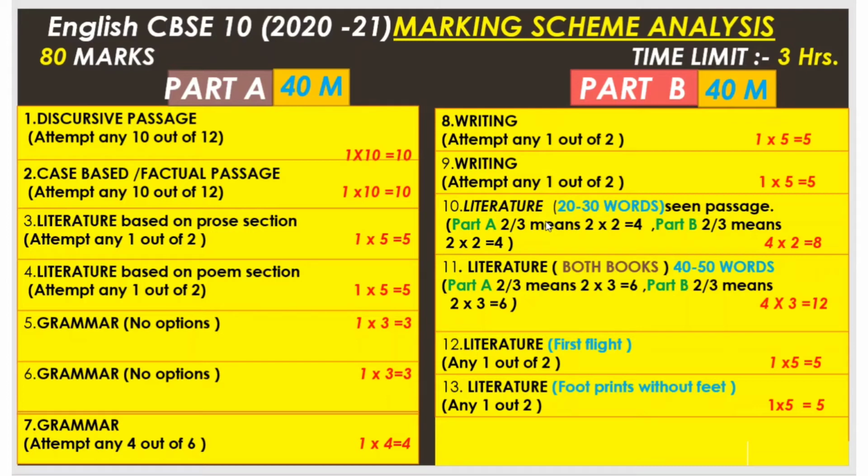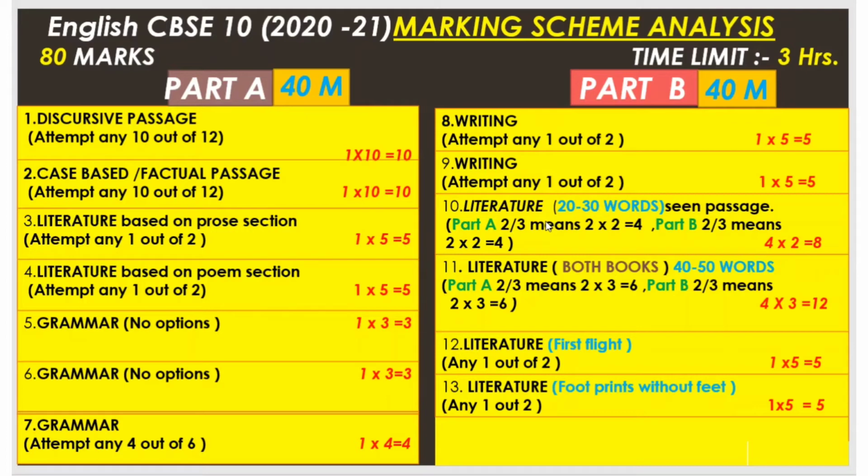Let's move to part B. Under part B, you have questions from 8 to 13. Now question 8 is a writing part, which is testing your writing skill or ability. If you have gone through the sample question paper given by CBSE, you can see that it is a formal letter type of question, where a situation or a topic is given and you have to write a letter on that.